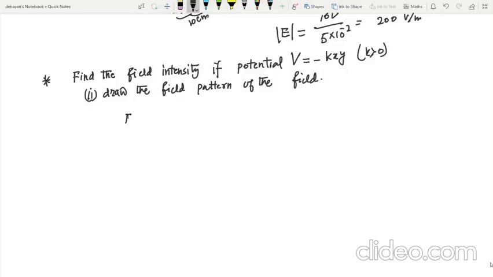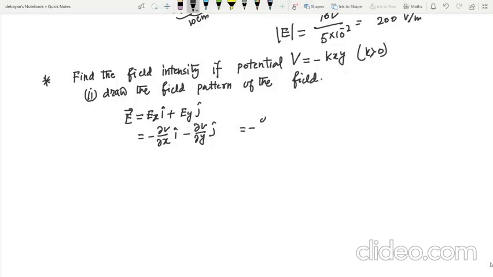Minus i cap minus j cap. So it is nothing but minus del with respect to del x.